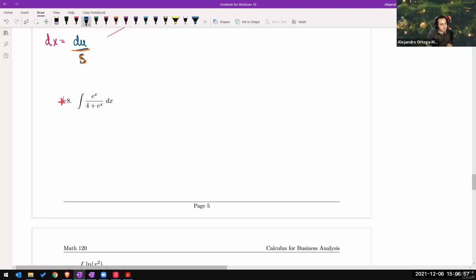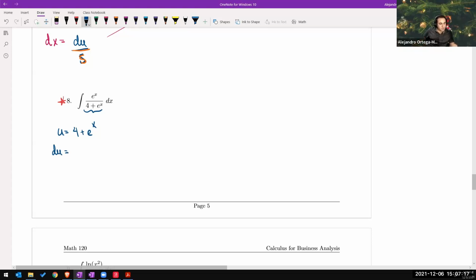Alrighty. So again, usually the denominator is a u. So I'm going to see if this denominator works. So u is equal to 4 plus e to the x. Let's see what's going to be the du.